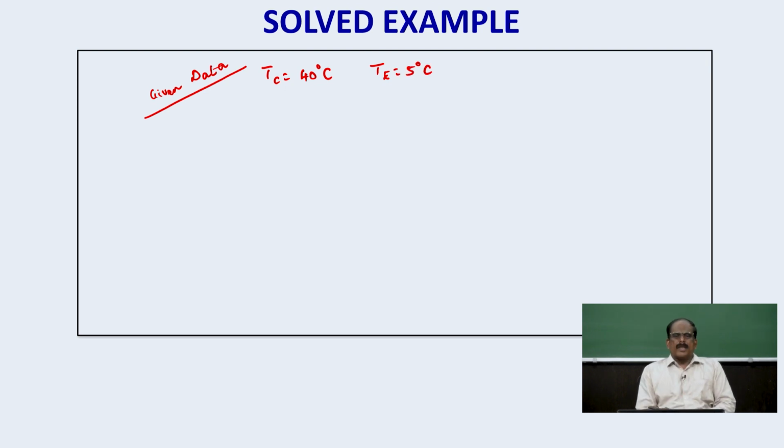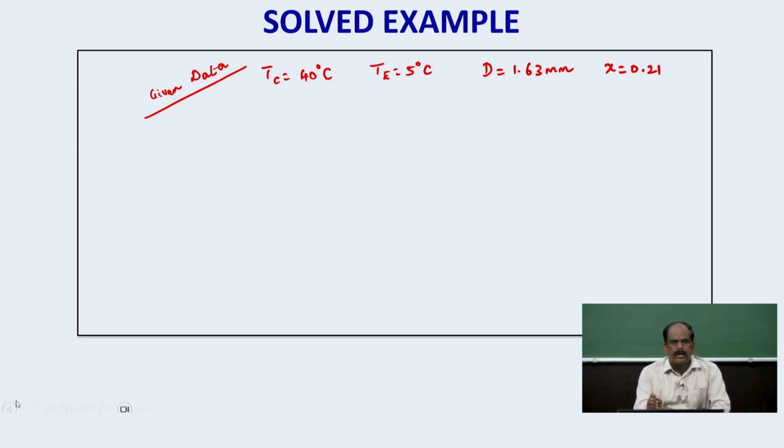The inner diameter of the capillary tube is given. It is 1.63 millimeter. So, let us take it as capital D, 1.63 millimeter. The dryness fraction is represented by the small letter x, that is 0.21.